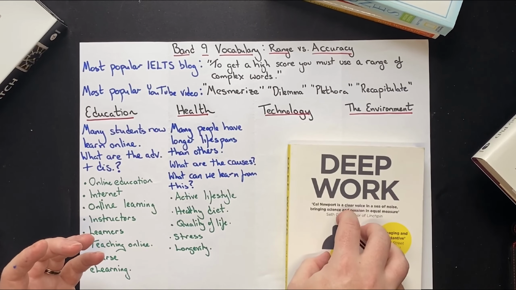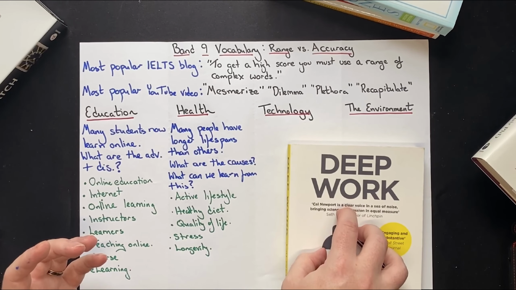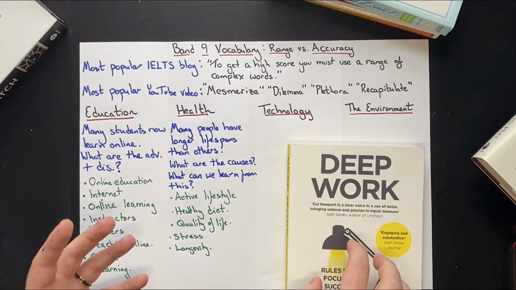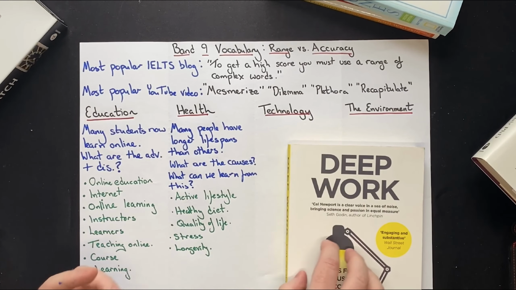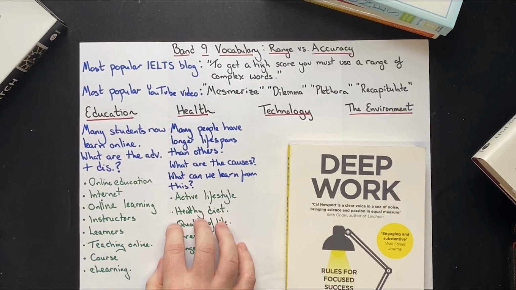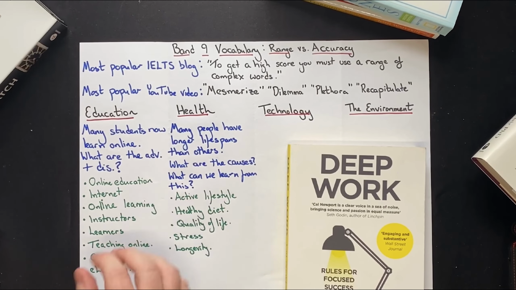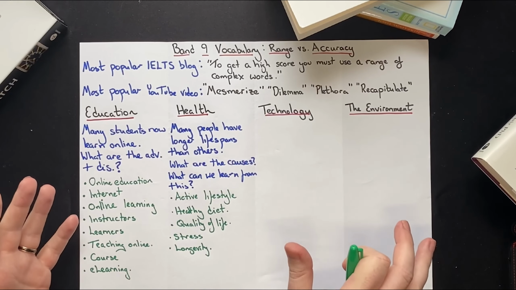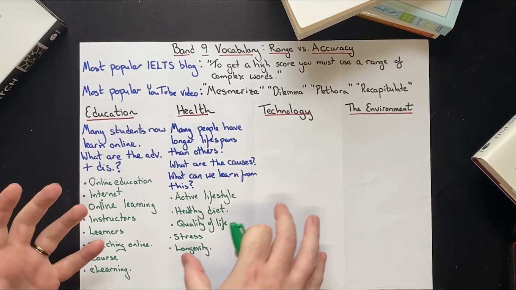But if we look at this book and the vocabulary that he uses to talk about technology, again, it is not that complex. He uses words like focus, distractions, concentration, notifications, productivity. Just like these, they are not complicated, complex words. They are topic-specific words. Do you need a whole library of books in order to learn this vocabulary?